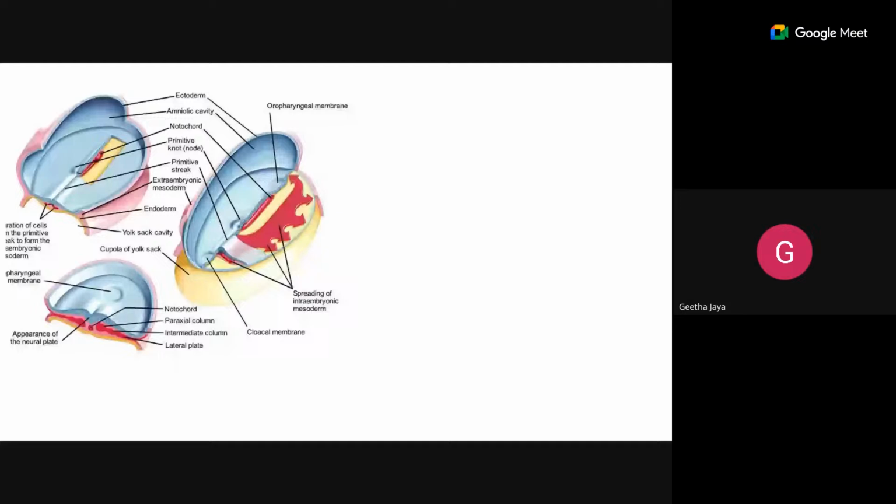So coming to this picture, you can see that the intraembryonic mesoderm spreads along the whole length. You can see this red area which extends the whole length except in the midline, where it is not allowed to pass through because of the prechordal plate, which is the oropharyngeal membrane, the notochord, and the primitive streak, which is leading to formation of this intraembryonic mesoderm, and also the cloacal membrane.